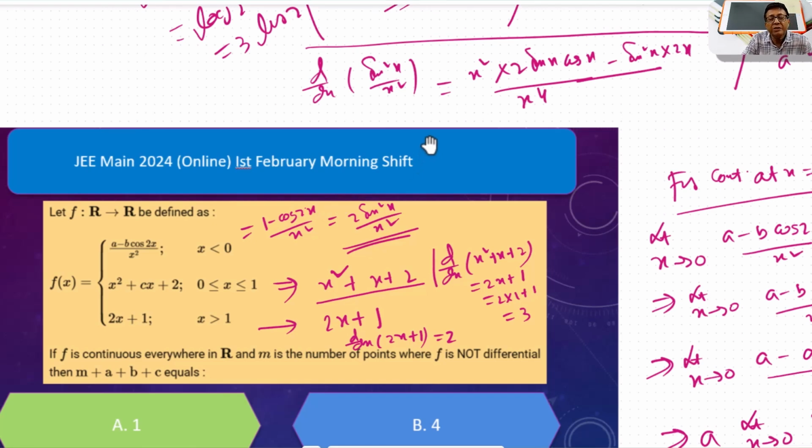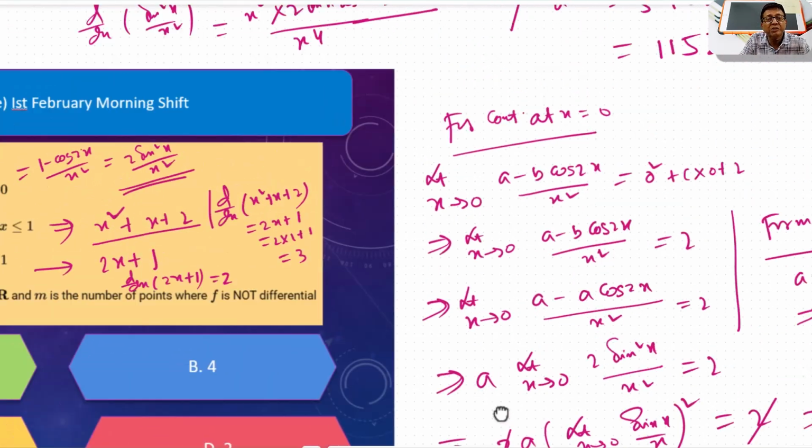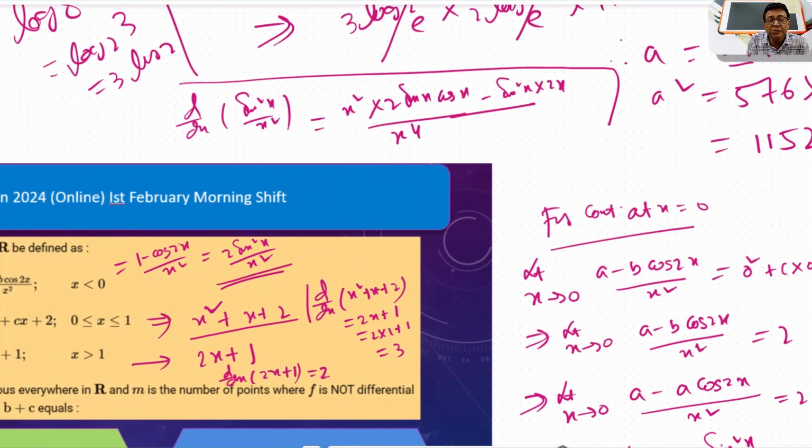So the function is not differentiable at x equal to 0 also. Here at x equal to 1 you are getting the derivative as 2 plus c. What is d/dx of c? Sorry, c we got 0. So this part was 0 actually, so this value will be equal to 2, not 3.